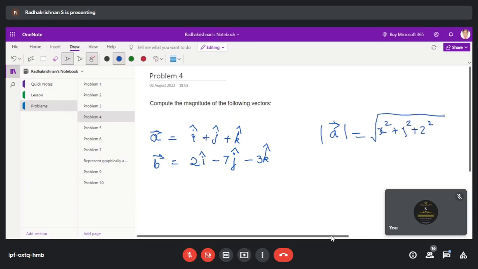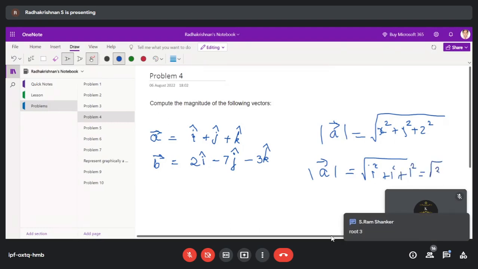So these are the 3 components in A: x, y, z are 1, 1, 1. So it is simply square root of 1 square plus 1 square plus 1 square, root of 3.